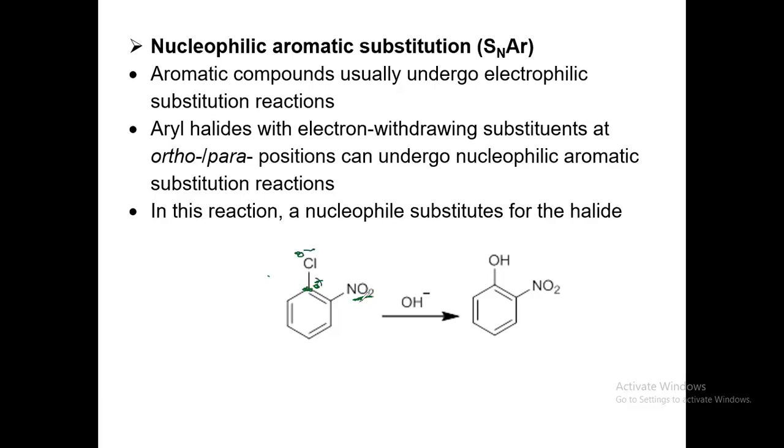This partial positive will give the nucleophile, which is negatively charged, the confidence to come and attack this carbon. Once the attack is initiated, the intermediate formed is stabilized by the electron withdrawing group, and it can only be stabilized if it's in the ortho or para position. If it is in the meta position, it cannot stabilize the intermediate and hence the reaction will not occur. That is why we need this criteria to be met. Very important. Let's move on.